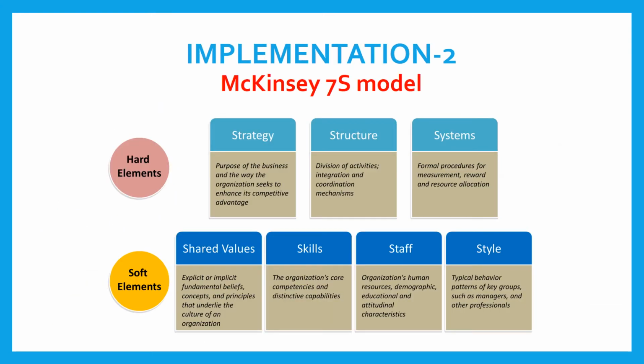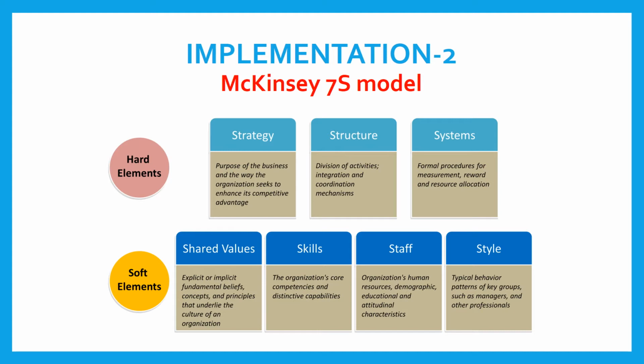Coming to the implementation stage, this is a very important thing which you need to understand: McKinsey's 7S model, which generally comes in your examination. Do you know how well your organization is positioned to achieve its goal, or what elements influence its ability to implement change successfully?